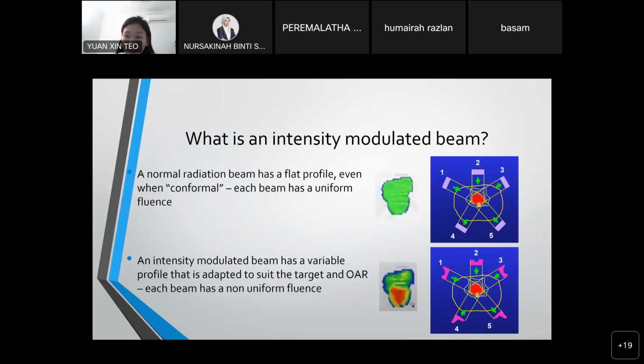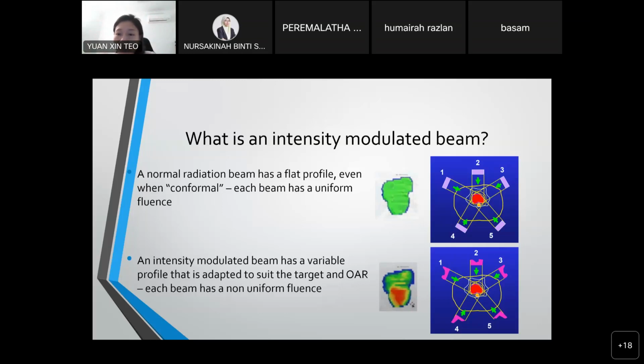In 3D, we have 4 field angles, 0, 180, 90, and 270, where 0 and 180 are opposed angles. They will share the same MLC movement. In IMRT, we can't do that.